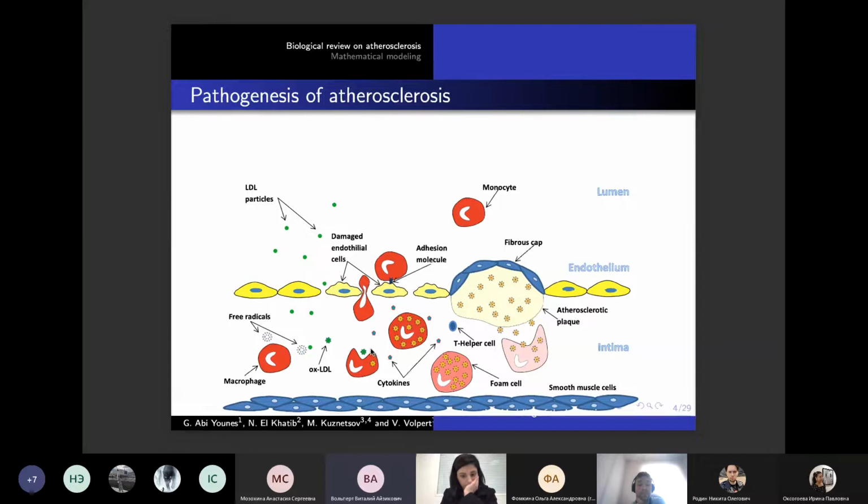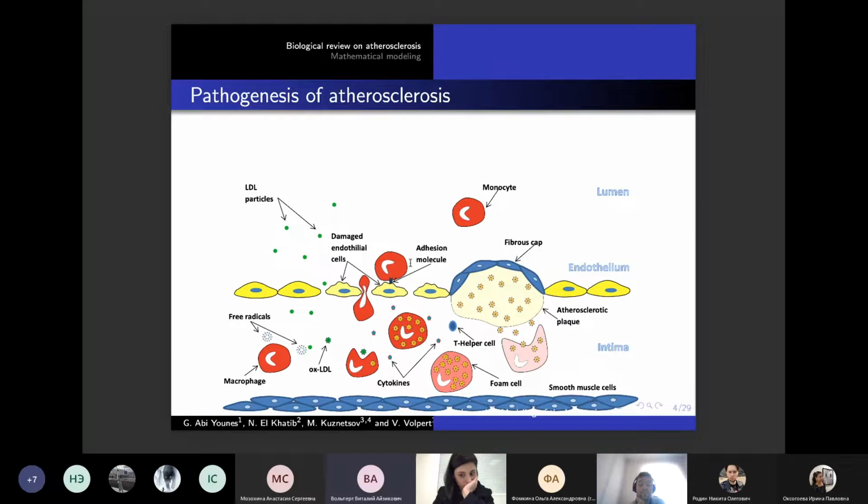But here another stage comes into play, this chemotaxis. On the other hand, activated endothelial cells produce this endothelial growth factor, which is distributed in the vessel wall.